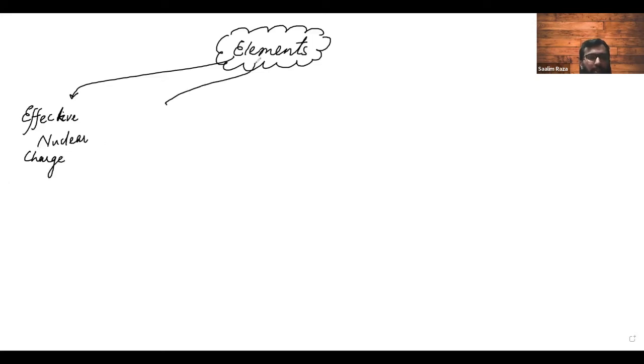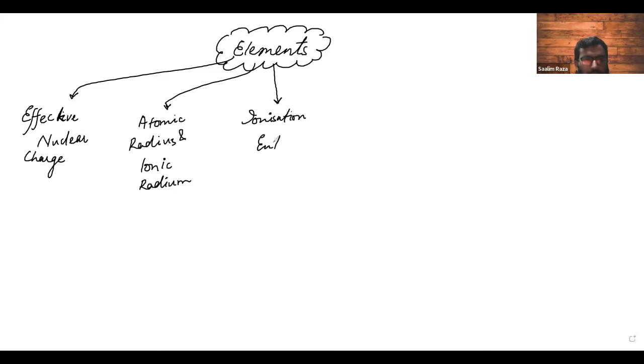Then we will study their atomic radius, and a similar kind of trend is the ionic radius of elements. Then we will study the ionic radius and atomic radius of elements. Then we will study ionization enthalpy.